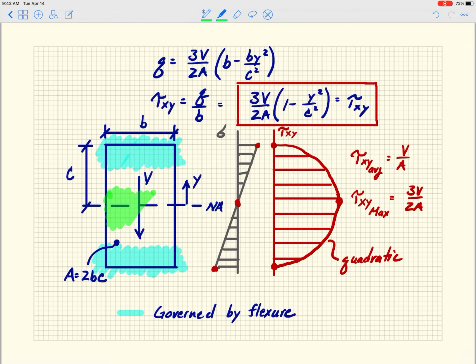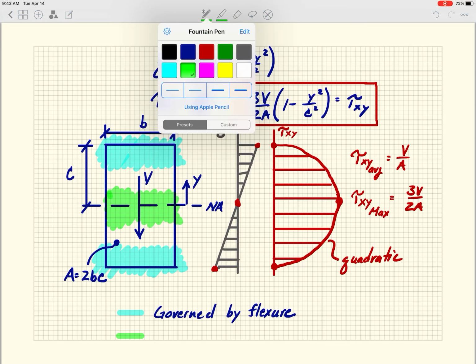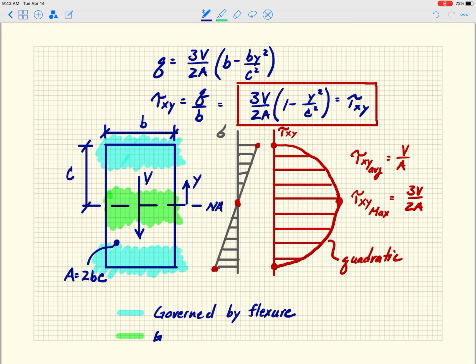And then the regions in the center near the neutral axis are going to be governed by shear. Right? Notice I'm not connecting them.